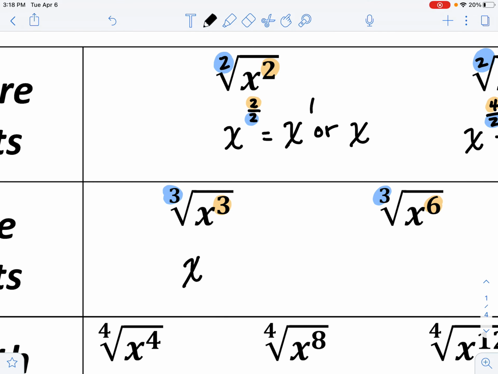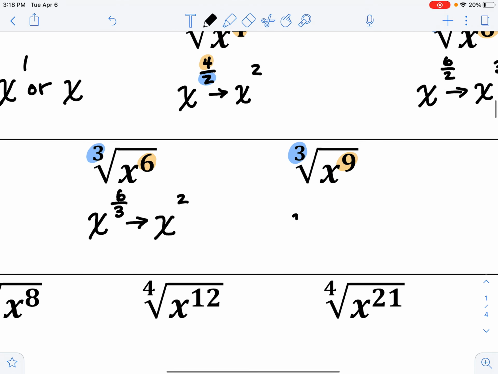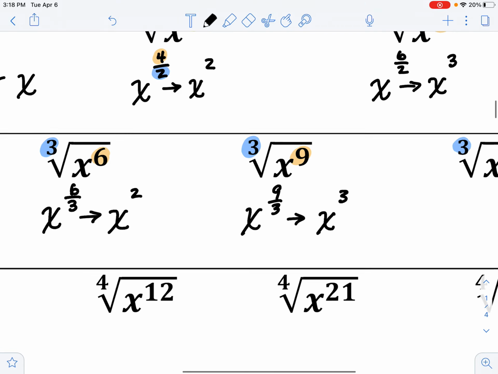So following the pattern, this is going to be x to the 3 over 3 power, which would be x to the 1st, or x. This is going to be x to the 6 over 3 power, which would be x squared. This one's going to be x to the 9 over 3 power, which would be x cubed when you simplify.